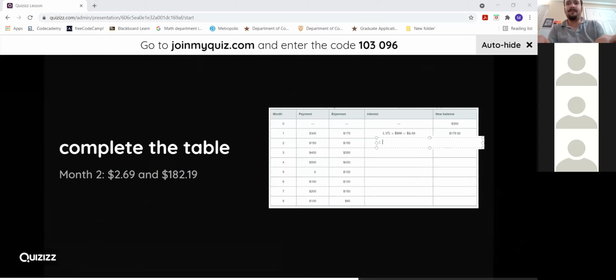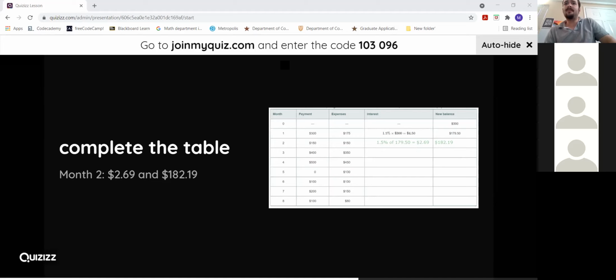So here I did 1.5% of 179.50, which gave me 2.69. The amount gave me 182.19. And remember, I got the 182.19 because I had 29.50 over in here.